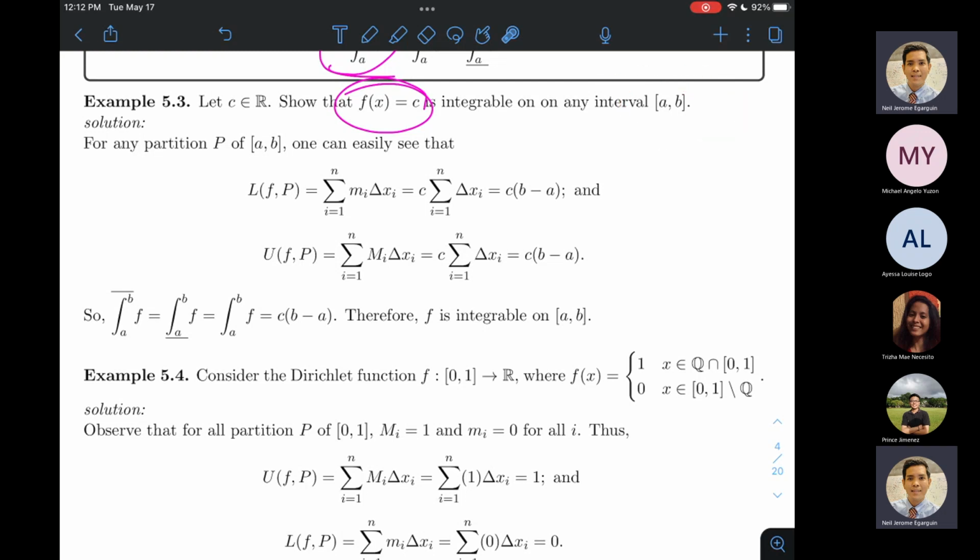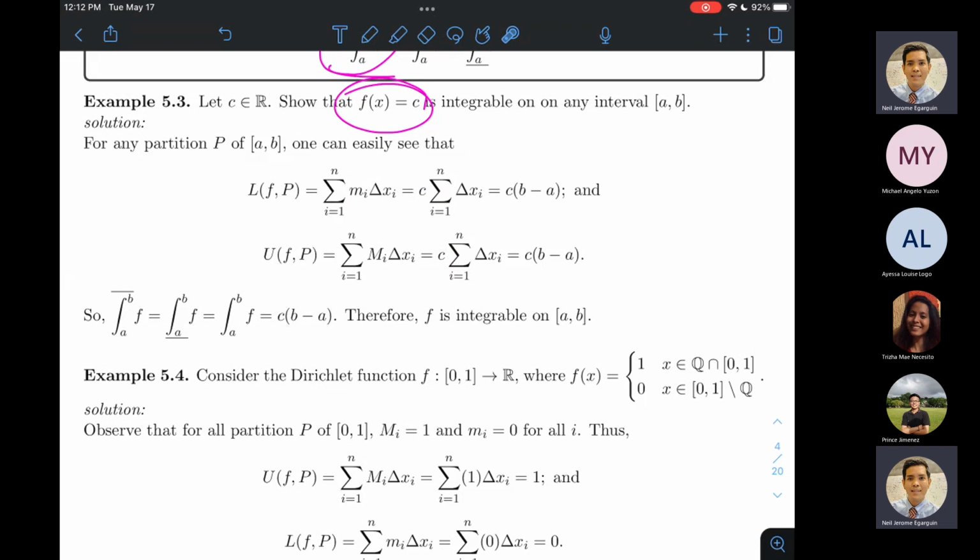Sa kahit ilang partition, kahit anong partition inducers, kahit ilan yung element ng partition inducers, constant lang naman yung value nung function all throughout the interval. So the infimum and the supremum of the function values over any subinterval will just be equal to the common value c. All right? Ito ay equal lang kay c. Ito ay equal lang din kay c. Kahit mapaano pang partition inducer yon.